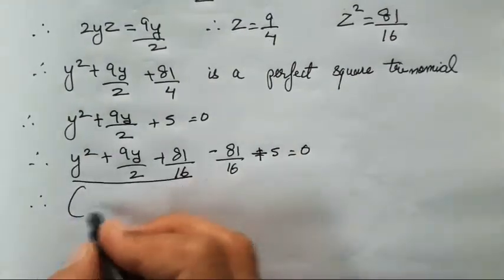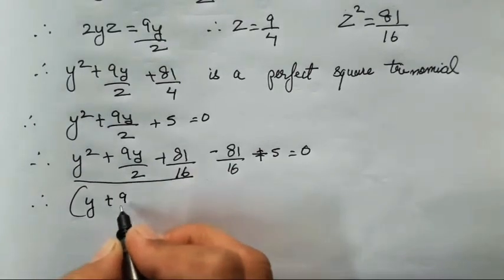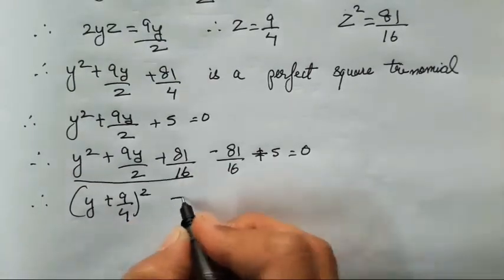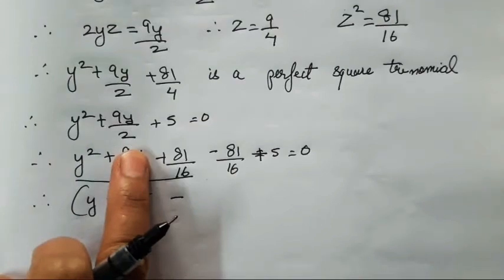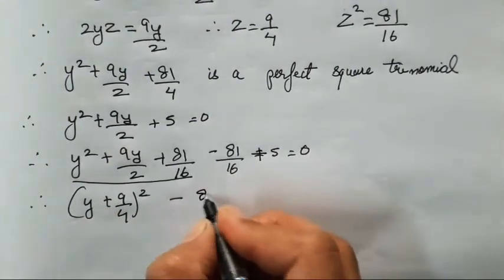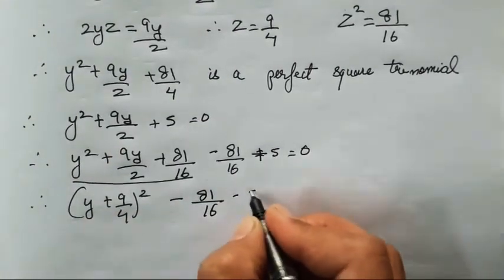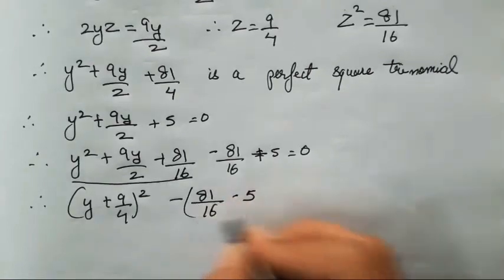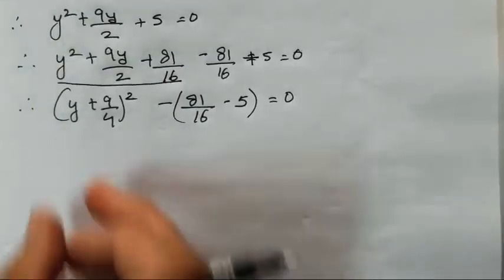Therefore, this we will get in this form, (y plus 9 upon 4) square. Simple expansion of this, so the formula will be this, 81 upon 16 minus 5. In this bracket you all have to write it. Now first step we have got it.